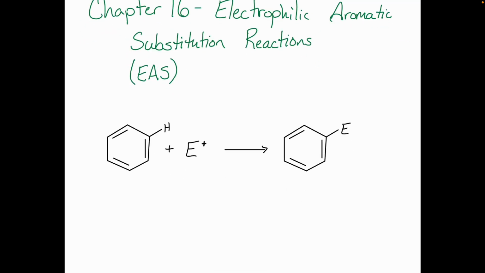We're going to see the same reaction mechanism over and over and over again. We'll change what this electrophile is, but the mechanism remains the same. Again, our benzene ring is playing the role of the nucleophile, so that pi bond in your benzene ring reaches out and attacks that electrophile.